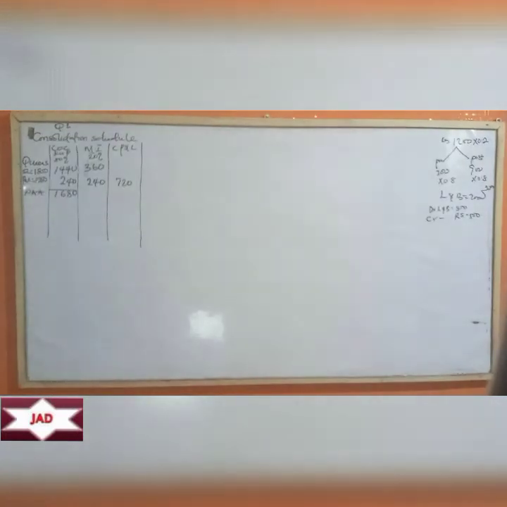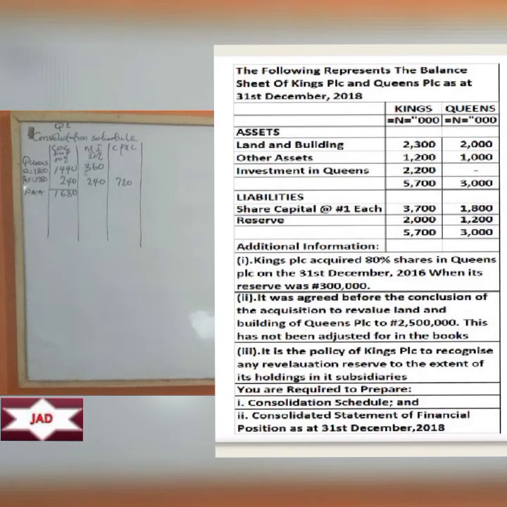So when did this happen? They said before the conclusion of the acquisition. That's pre. So it will form part of pre. It will form part of goodwill computation. So we say revaluation surplus or reserve. Now the question is, what method are we using? Is it the full amount method or the group share? They say it's a policy of King PLC to recognize any revaluation reserve to the extent of its holding in the subsidiary.